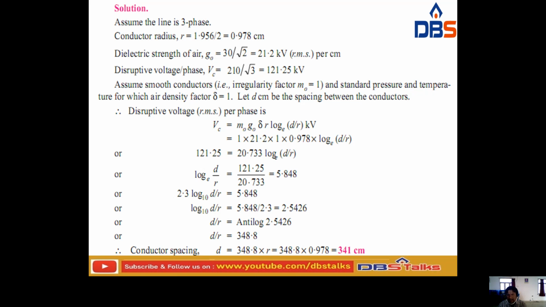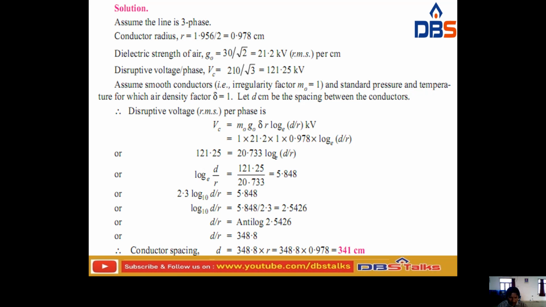We have already assumed the irregularity factor M0 is 1, G0 is 21.2, and delta is 1, then R is 0.978 into log D by R. So 121.25, that is the VC critical disruptive voltage, is equal to, multiplying all these things, 20.733 into log D by R, where R is 0.978. Therefore log D by R is equal to 121.25 by 20.733, that is equal to 5.848.